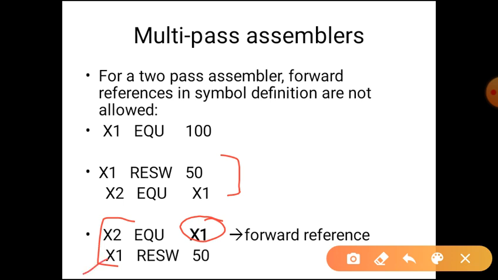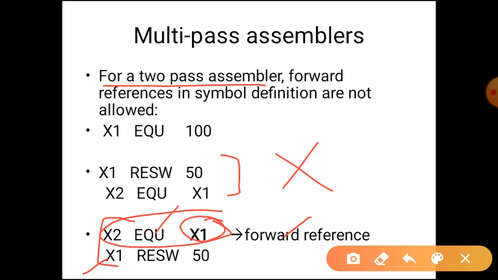So here we have a forward reference in EQU, and such forward references are not allowed for a two pass assembler. That is the restriction with the two pass assembler: forward references are not allowed for this EQU.